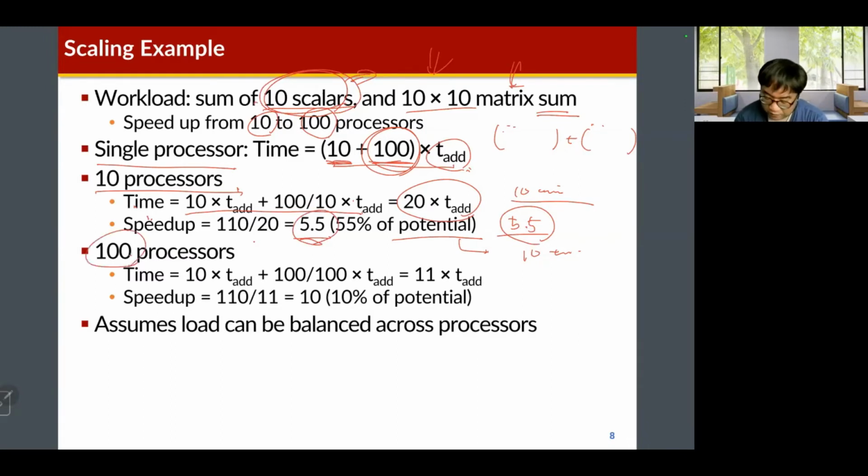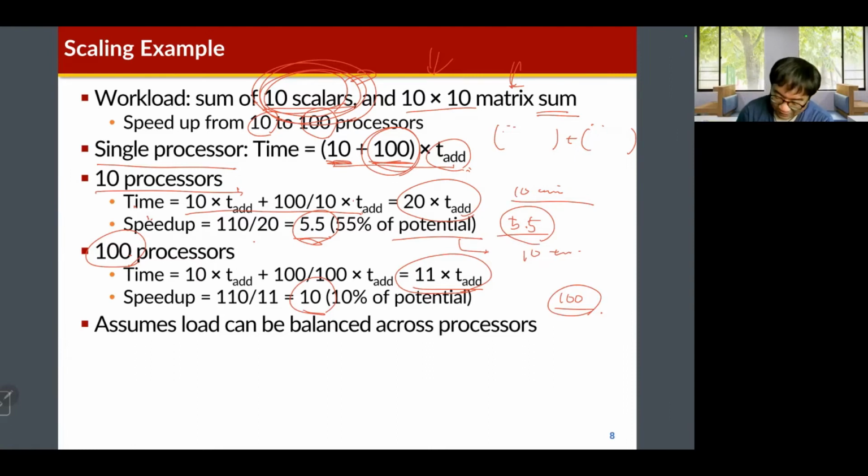How about 100 processors? Very simple. The total execution time becomes 11 T, so the speed up is about 10. Just 10, even though we invest 100 cores. So what's the problem? Because of this part, we cannot get peak performance. The peak performance is proportional to the number of cores, but we cannot reach that point.